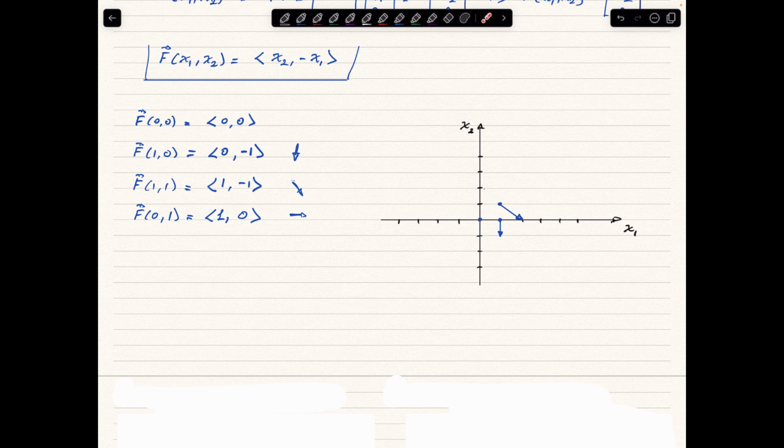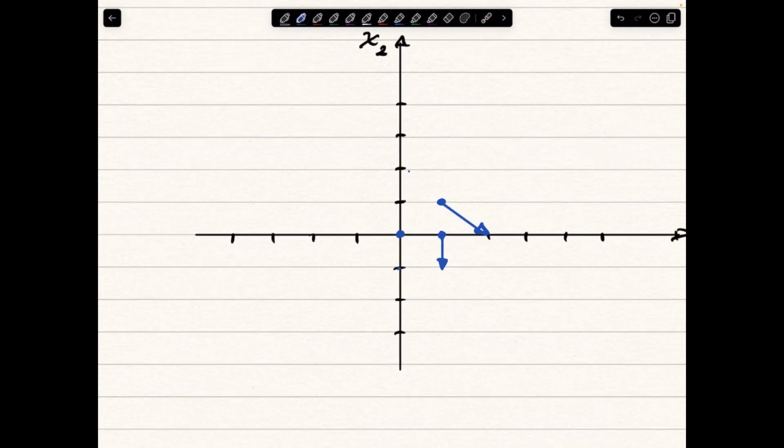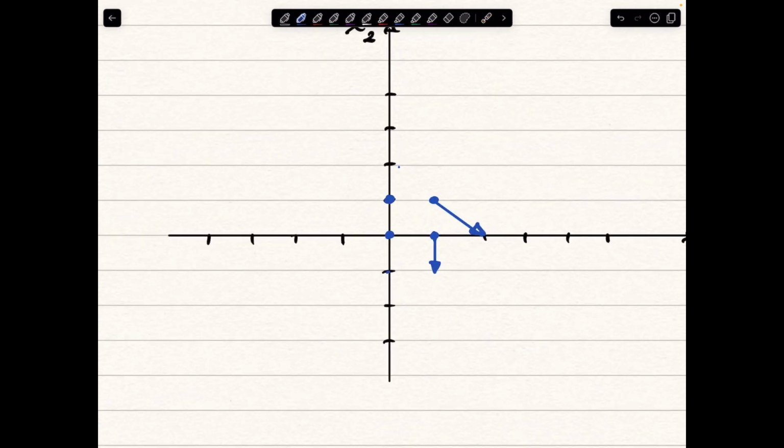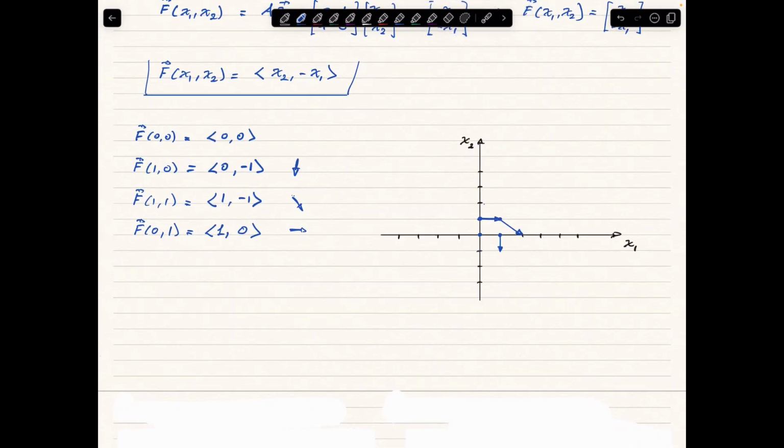Recall that our convention, this is x1, this is x2, this is the horizontal component, this is the vertical component. So at this point here, we have a horizontal vector with components 1, 0.